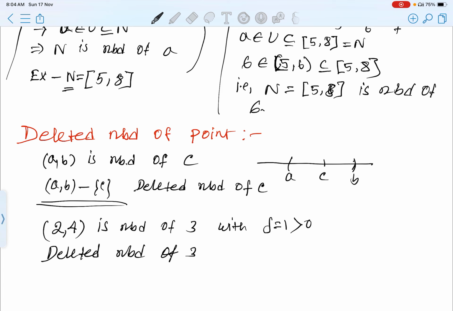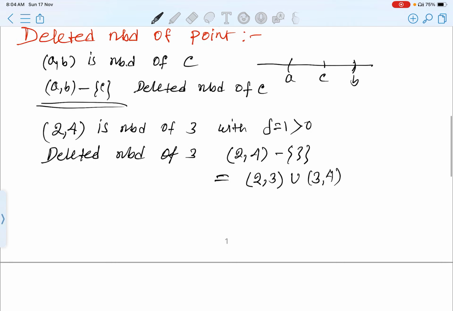I said just remove 3 from the neighborhood. That means (2, 4) with 3 removed. This is the deleted neighborhood. Also you can write this set as the open interval (2, 3) union the open interval (3, 4). Clear? Maybe the deleted neighborhood is clear.